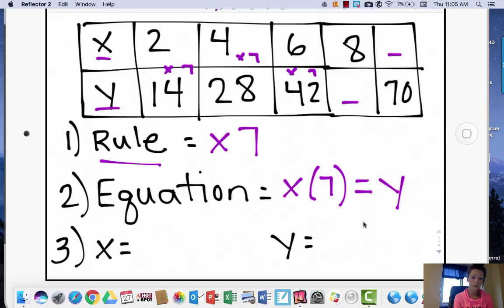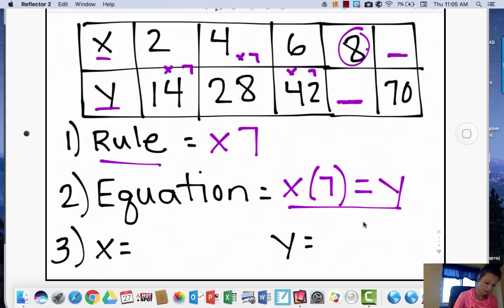Now, I can use my equation to solve for this missing y and this missing x box. Now, my y, let's solve for y first, up here. I know that in that equation, my x equals 8. So I'm going to take my equation that I came up with, and all I'm doing is plugging in my 8 for my x.